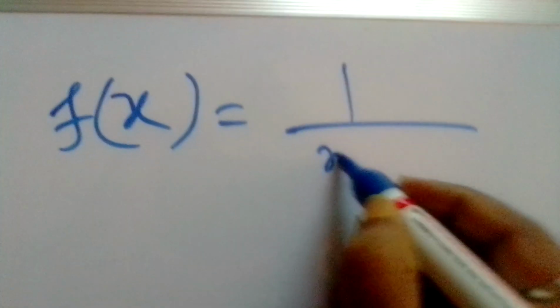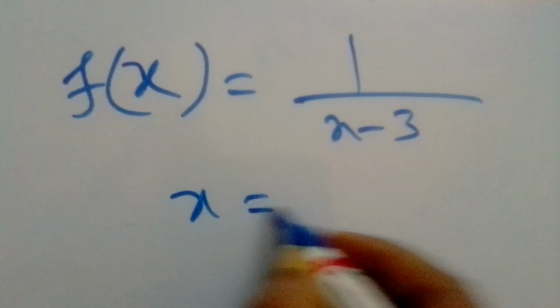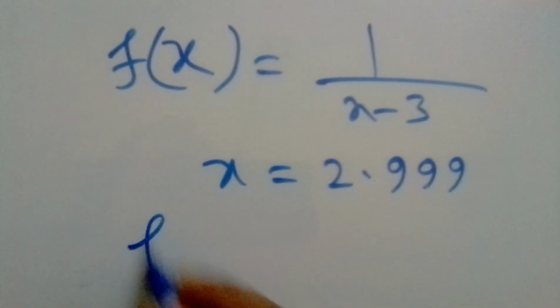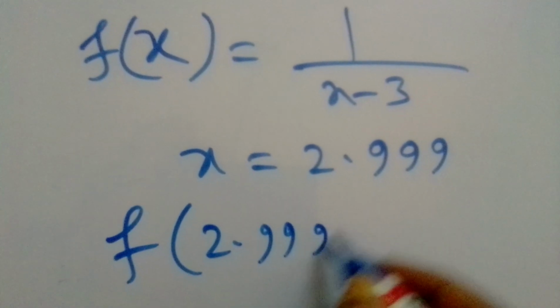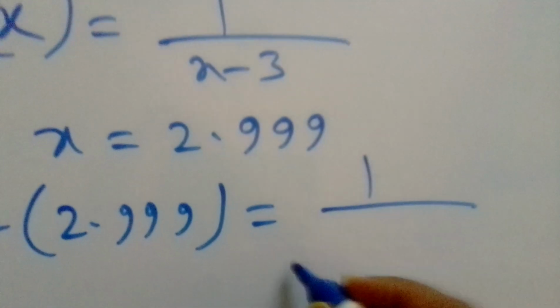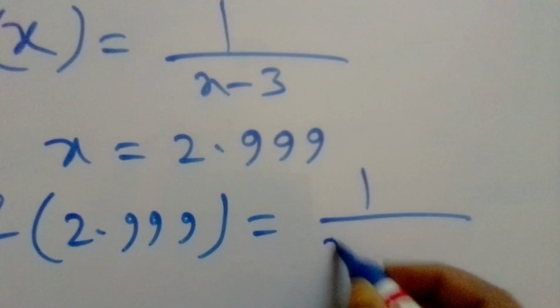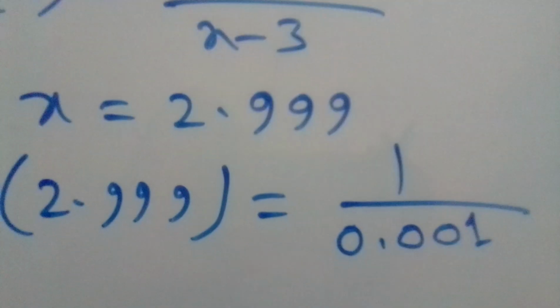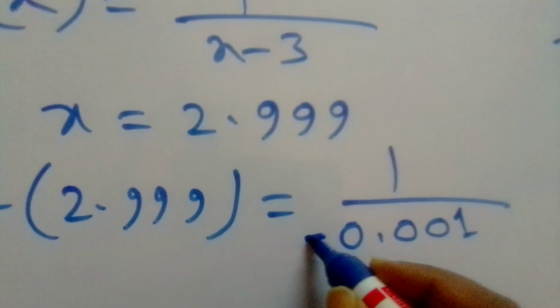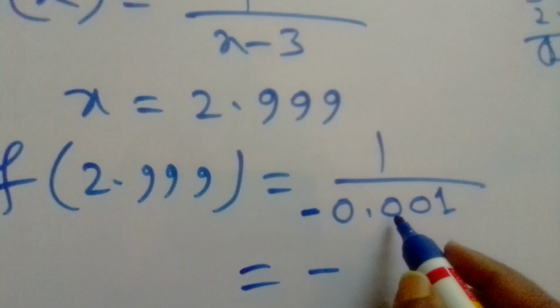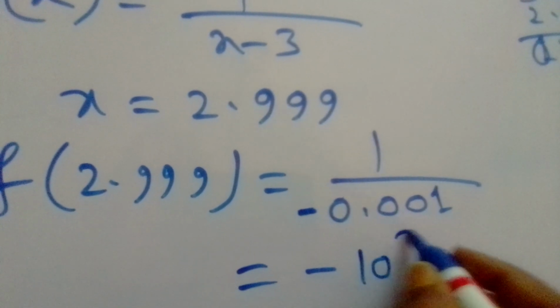But if we look at f(x) equals 1/(x-3) and test x equals 2.999, then x-3 is negative 0.001, so it will be minus 1/0.001, which is minus 10 to the power 3.